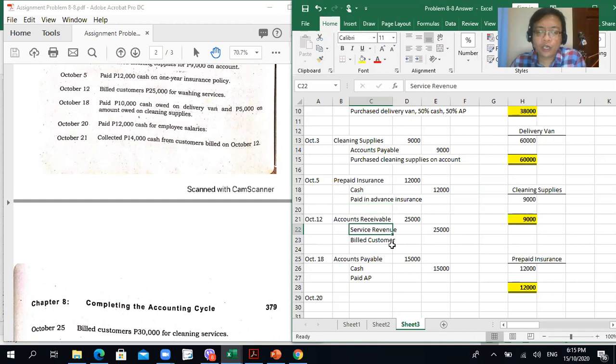Accounts payable is part of your liability.